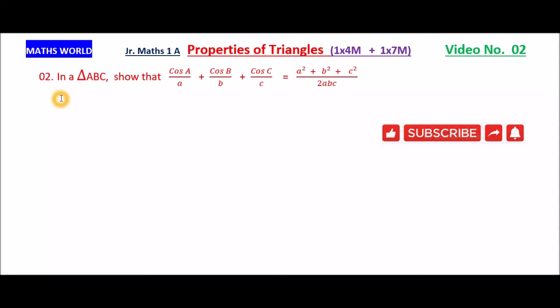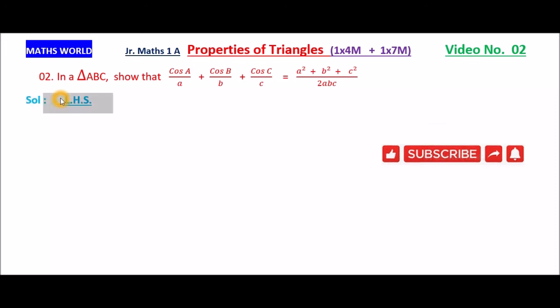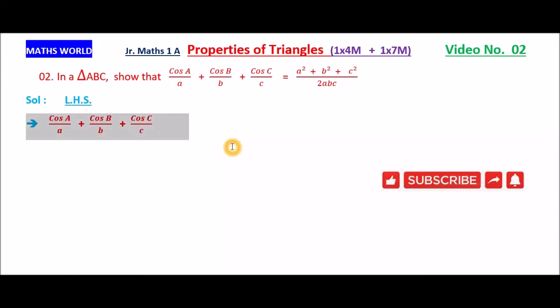Now, the solution. First, take the left hand side, LHS. What is LHS? Cos A by A plus cos B by B plus cos C by C. Generally, in this chapter, properties of triangles, we use different key rules: sine rule and cosine rule.